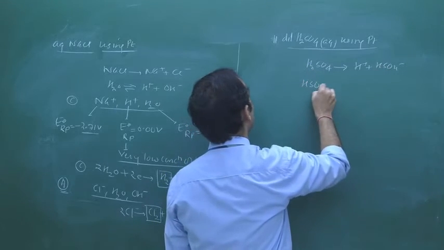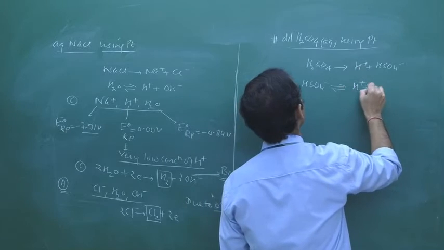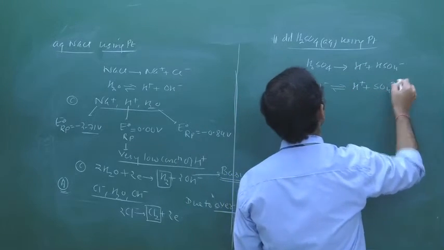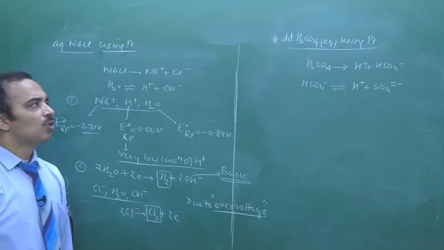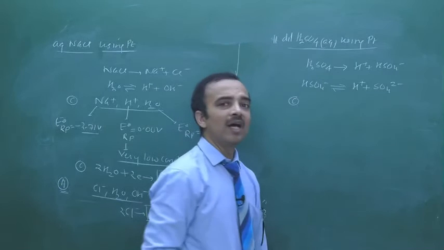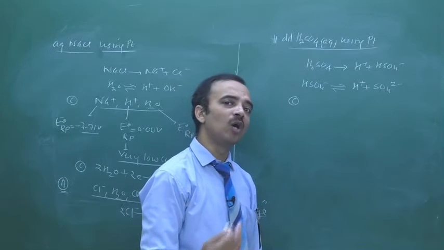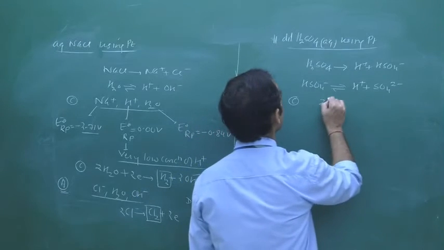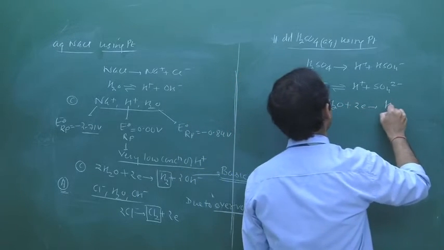Now HSO4 minus will further ionize to form this. Is it clear? So at the cathode, either H plus may be reduced or water may be reduced.